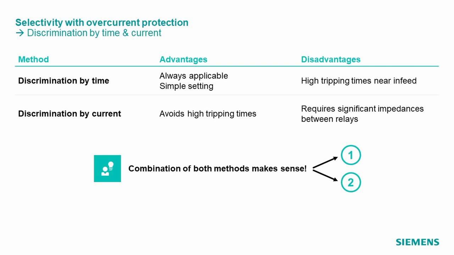Discrimination by current can avoid long tripping times in certain cases, but this requires significant impedances between the relays. For that reason, in real life, both methods are normally combined, and I will show two examples of how we can combine discrimination by current and discrimination by time.